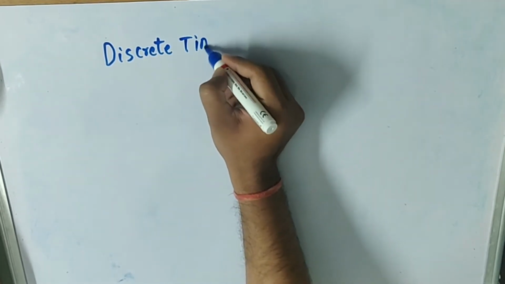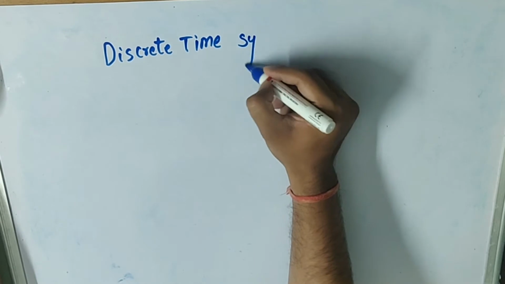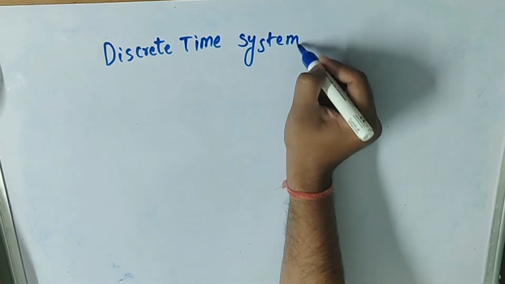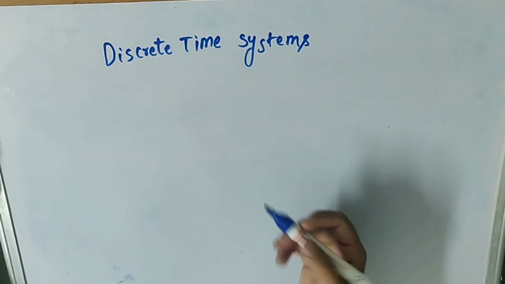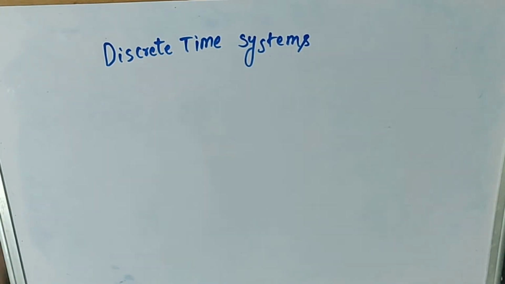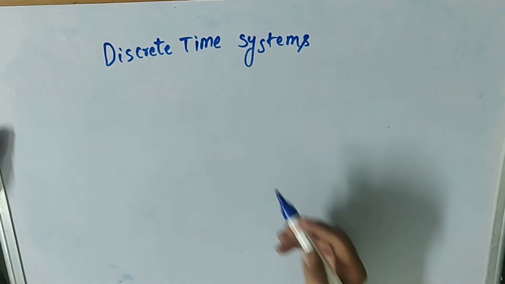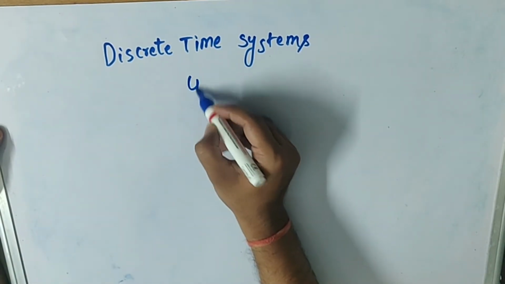Discrete time systems. Okay, so first of all, how can we represent a discrete time system mathematically? Any system we can represent mathematically something like this, y[n] = T{x[n]}.